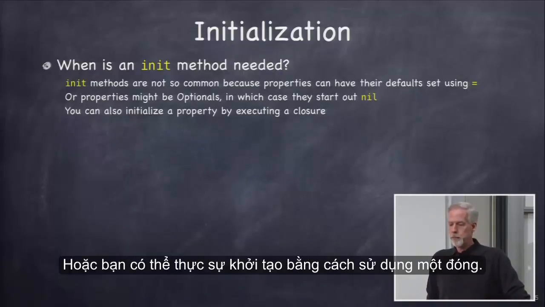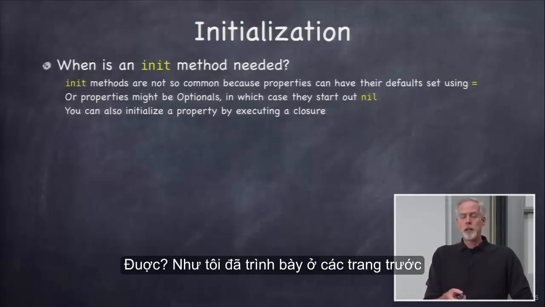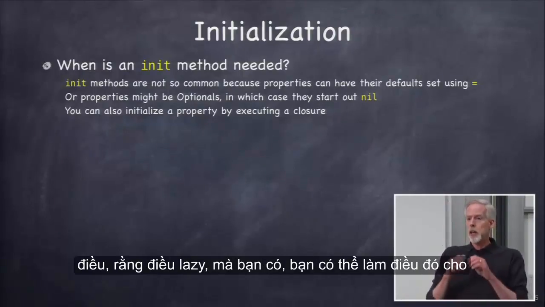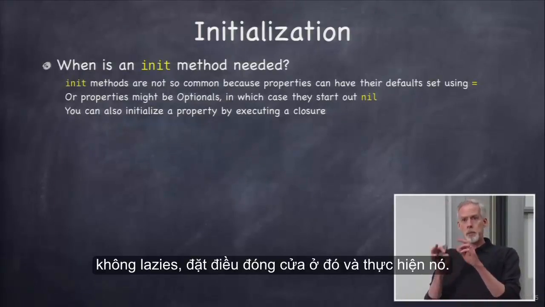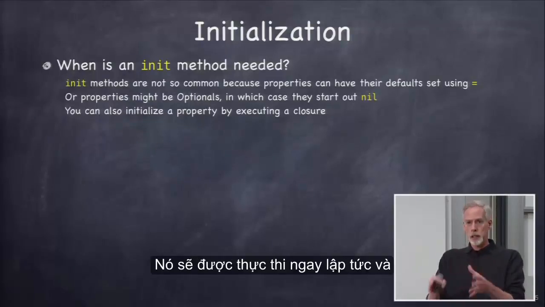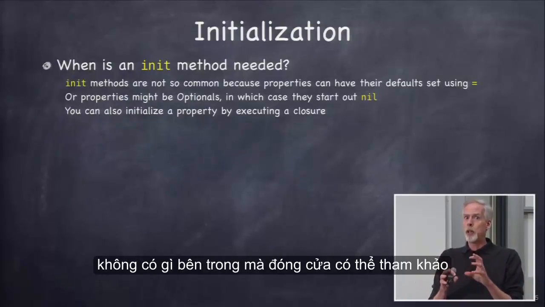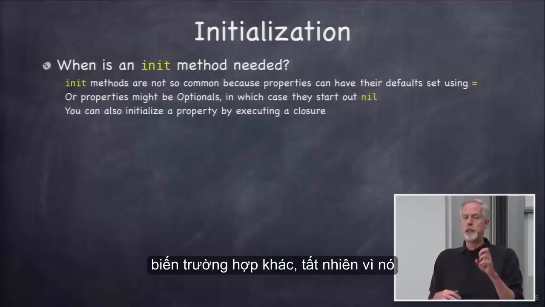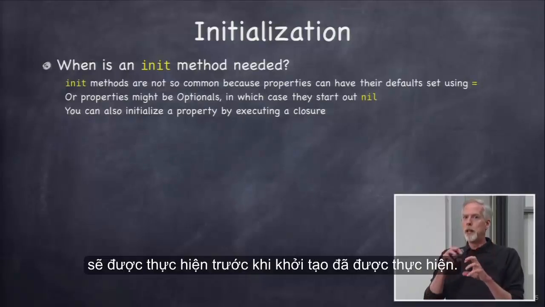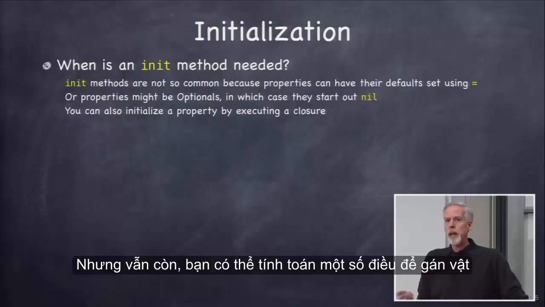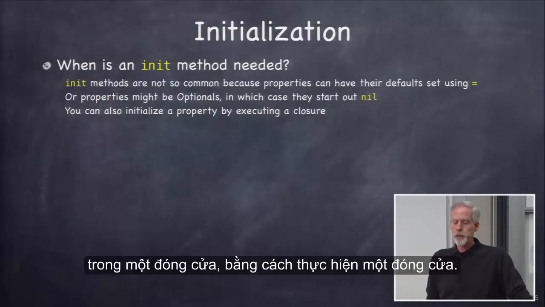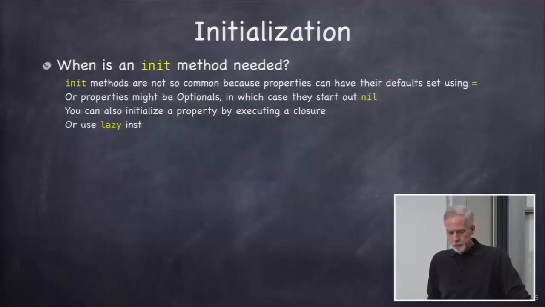Or you can initialize by using a closure. As I showed on the previous slide with the lazy thing, you can do that for non-lazies: put the closure there and execute it. It'll get executed right away, and nothing inside that closure could refer to any other instance variables, of course, because it would be executing before the initialization was done, but still, you can calculate some things to assign by executing a closure.